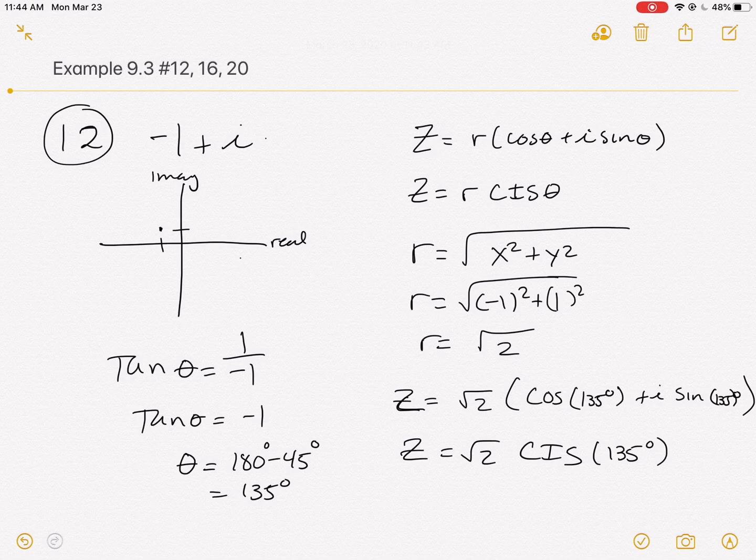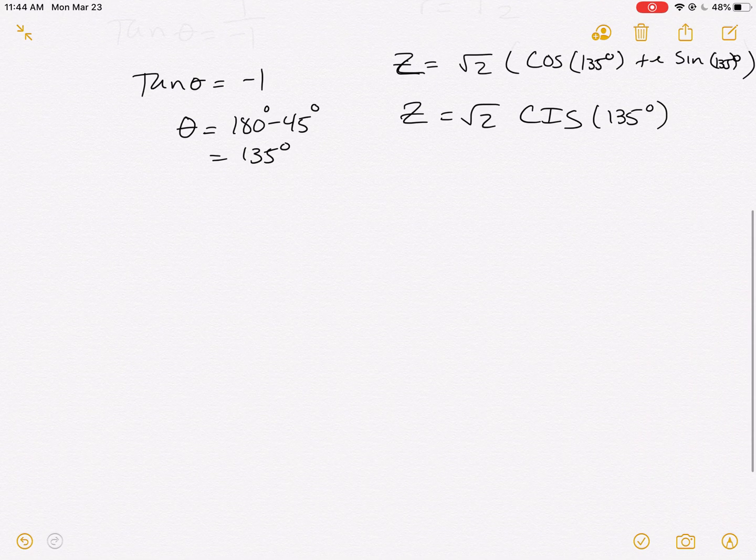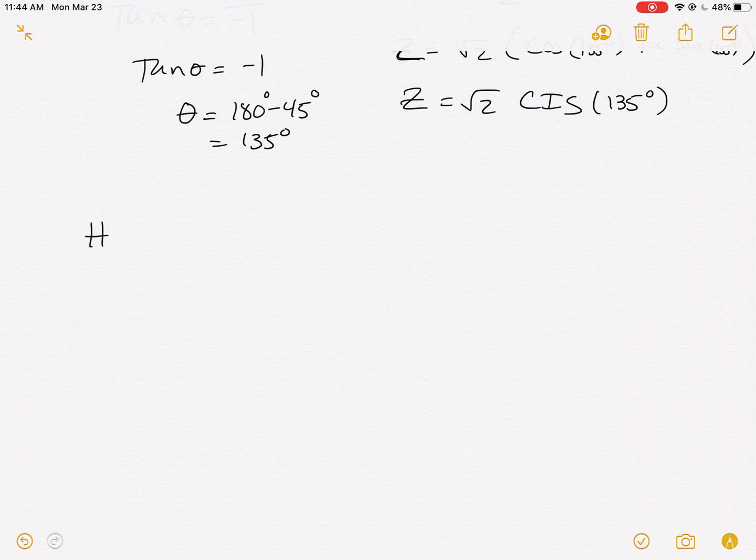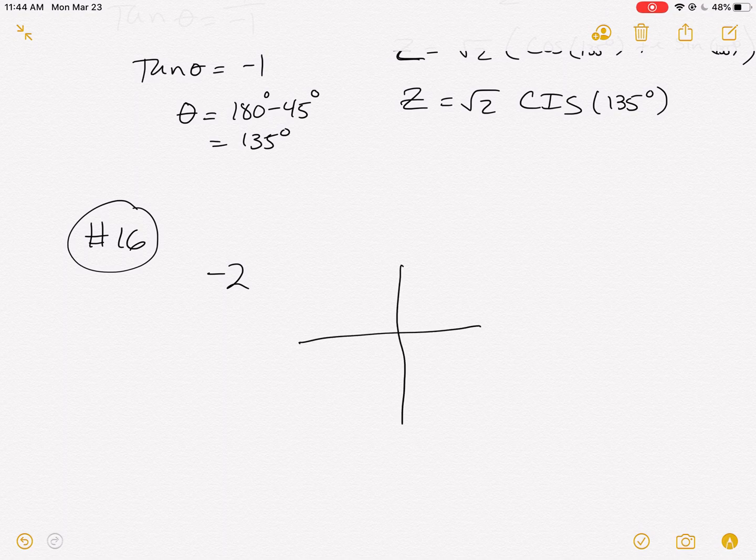I'm going to scan up for just a minute so that we can look at number 16 together. Number 16 is just a single number, negative 2, but it exists in the complex plane. Where is it? It's got a negative 2 as its real part and absolutely no imaginary part. So its x-coordinate is negative 2, its y-coordinate is 0. We're almost done.